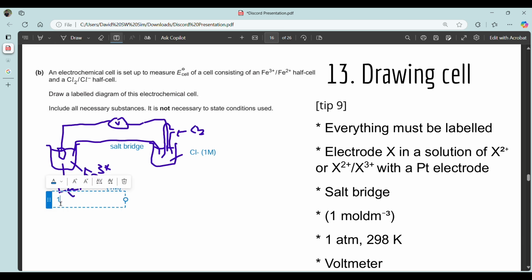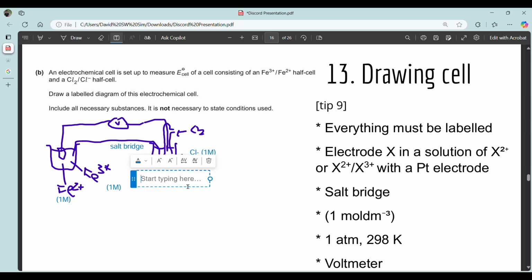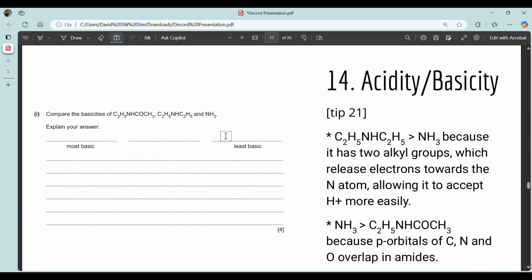This is very important. And lastly, in this question we don't have to state the conditions used, but normally, because this question is a bit unusual, you have to state this is at 1 atm, 298 K. And that's how you get the full 4 marks from drawing the electrochemical cell.